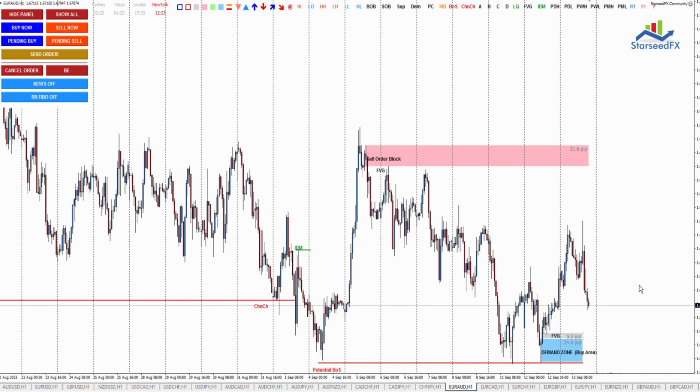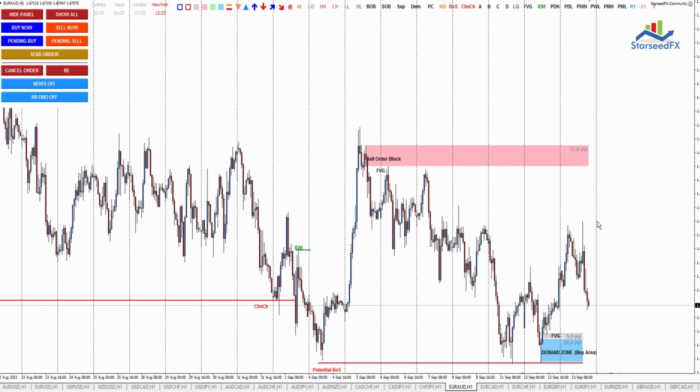But the question is, can we trade the fair value gap or not? And how to trade it? The answer is yes, we can trade the fair value gap. I think it's very clear here that the price just triggered the fair value gap, filled in just a little bit, and then retraced all the way up.